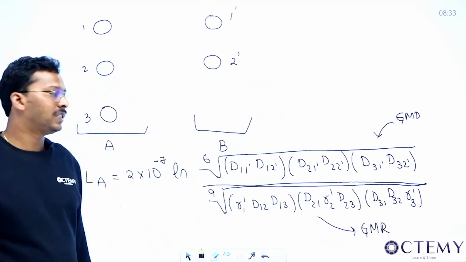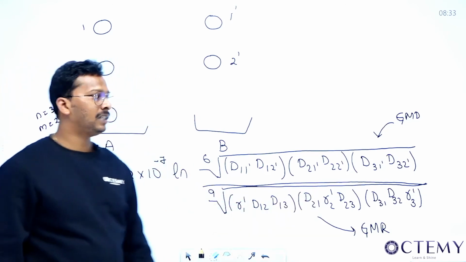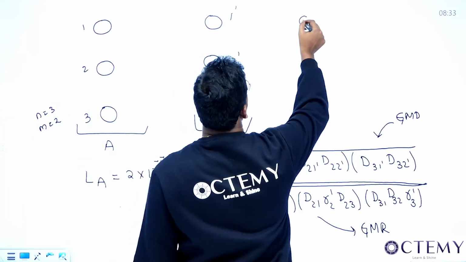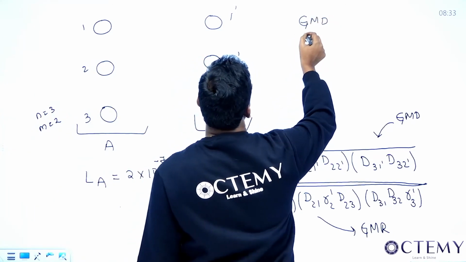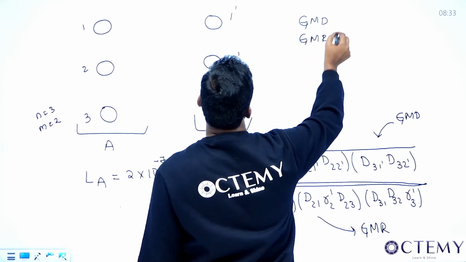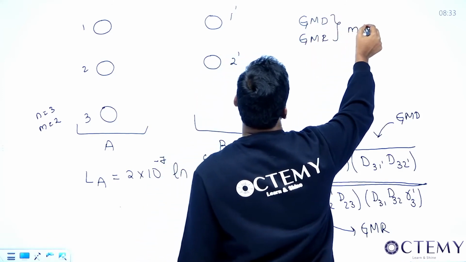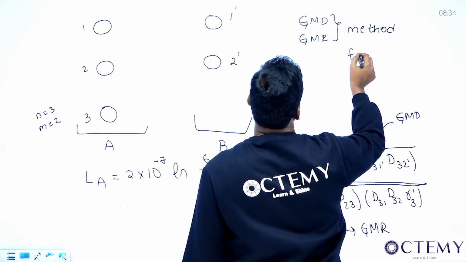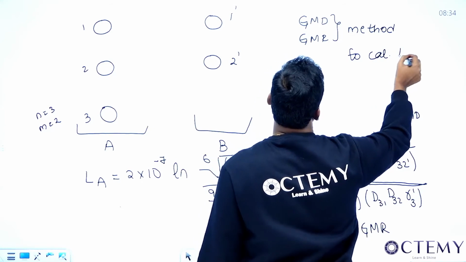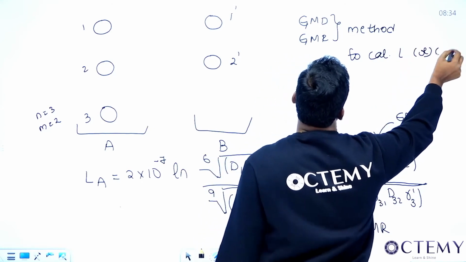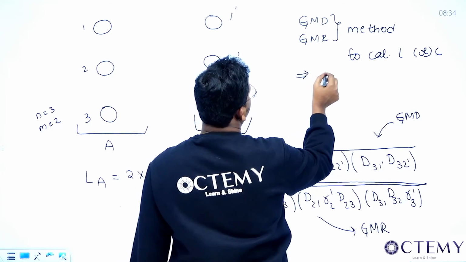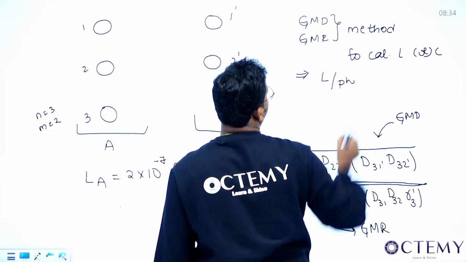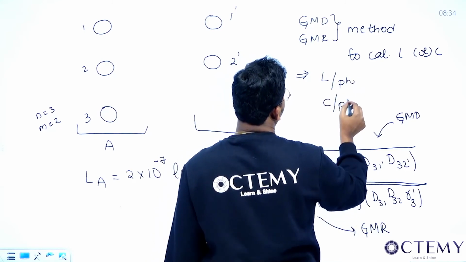We can do problems using GMD, GMR also. You can directly get questions on GMD, GMR. So remember one thing: if you are using the GMD, GMR method to calculate L or C, this is also applicable for C, then the result which you are getting is per phase inductance or per phase capacitance.